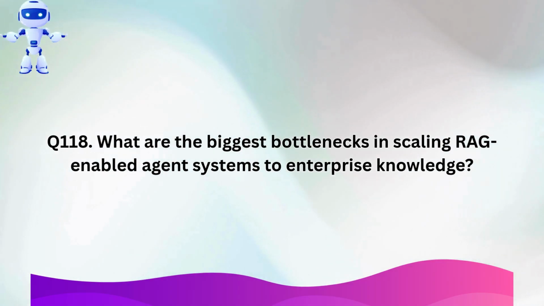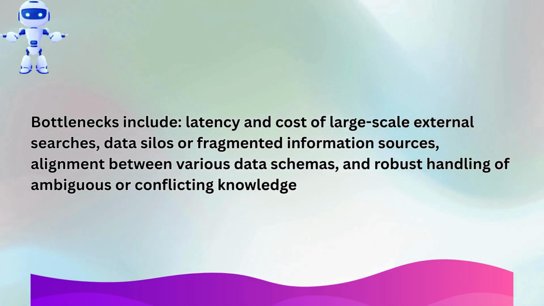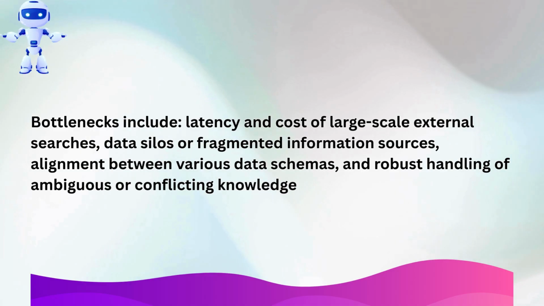What are the biggest bottlenecks in scaling RAG-enabled agent systems to enterprise knowledge? Bottlenecks include latency and cost of large-scale external searches, data silos or fragmented information sources, alignment between various data schemas, and robust handling of ambiguous or conflicting knowledge.